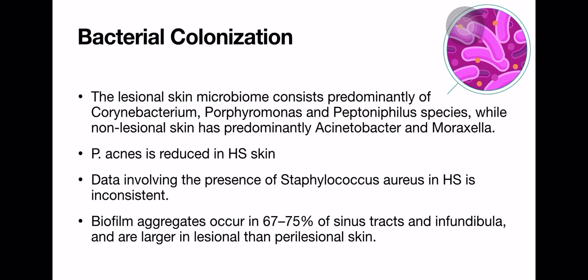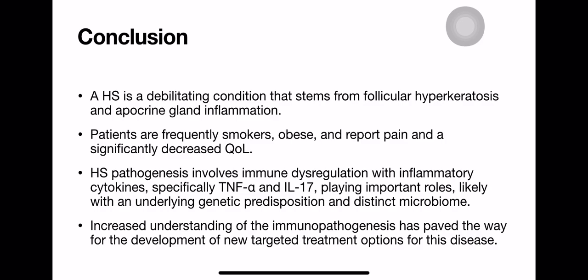So in conclusion, HS is a debilitating condition that stems from follicular hyperkeratosis and apocrine gland inflammation. Patients are frequently smokers, obese, and report pain and a significantly decreased quality of life.